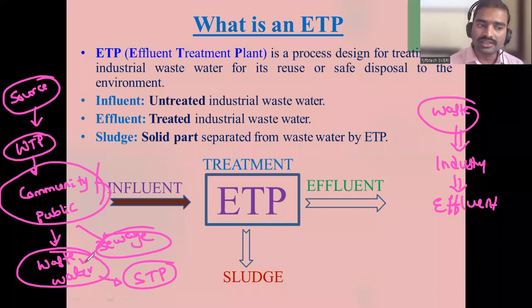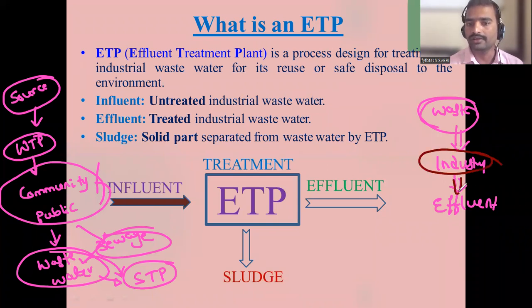That wastewater is treated with the help of STP. Whatever waste is generated from the industry is called effluent. Are you getting effluent? Is industry waste more dangerous or sewage waste?